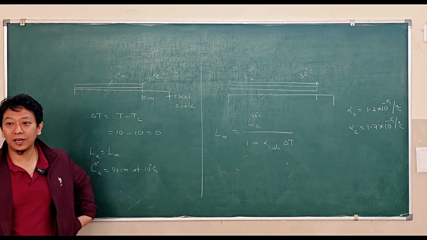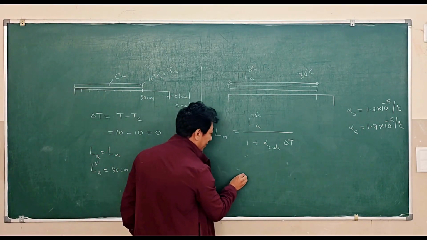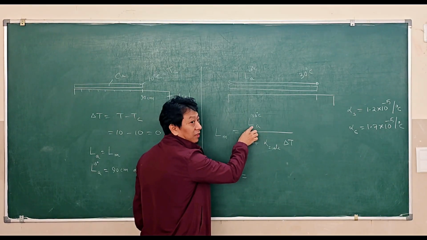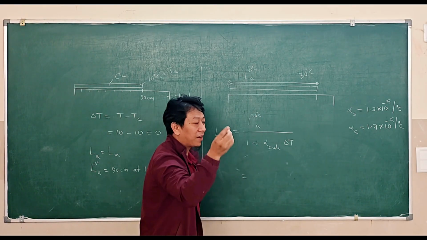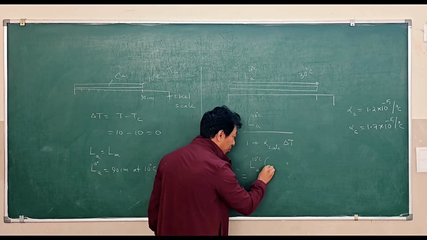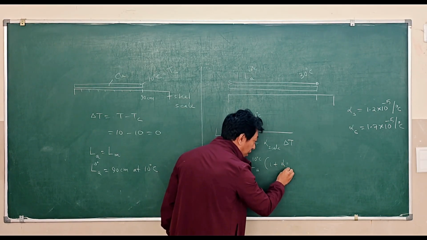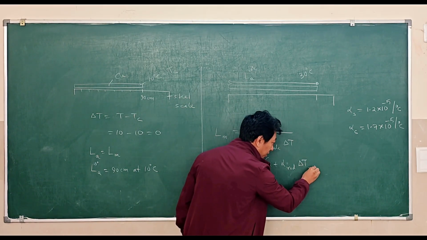And how to relate initial length with final length for a rod? This final length or initial length? From 10 degree to 30 degree. Final length. How to write final length? Initial length into 1 plus alpha of rod into delta T of rod. Yes or no?